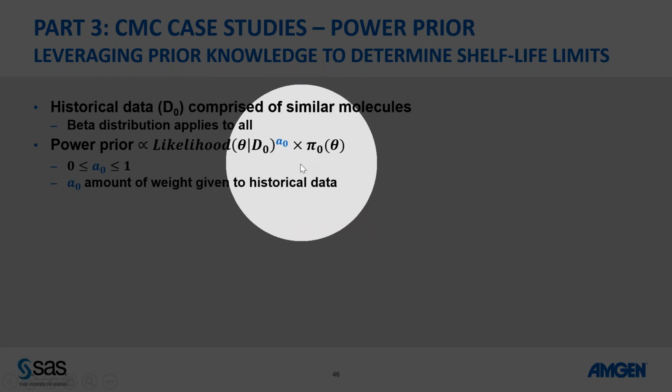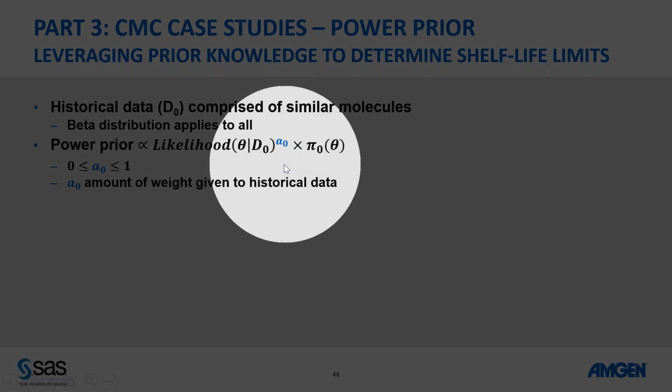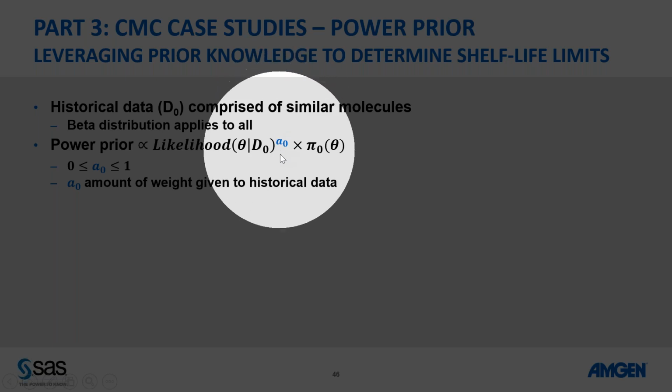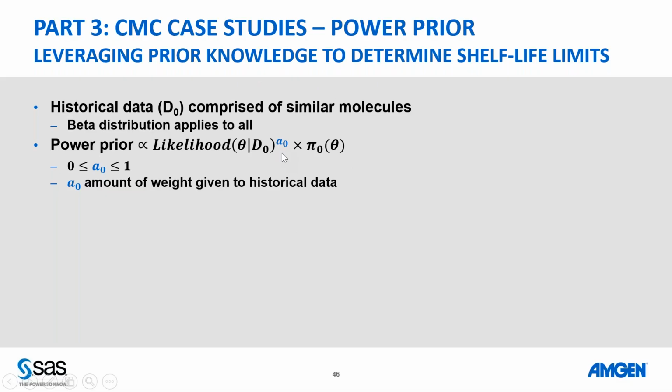If you use that as your prior in the current analysis, it would be the same as combining your historical data with the current data and doing a formal analysis on them all. Ibrahim and Chen thought that might be too informative. So they suggest raising the likelihood of the historical data to a power discounting parameter A naught.